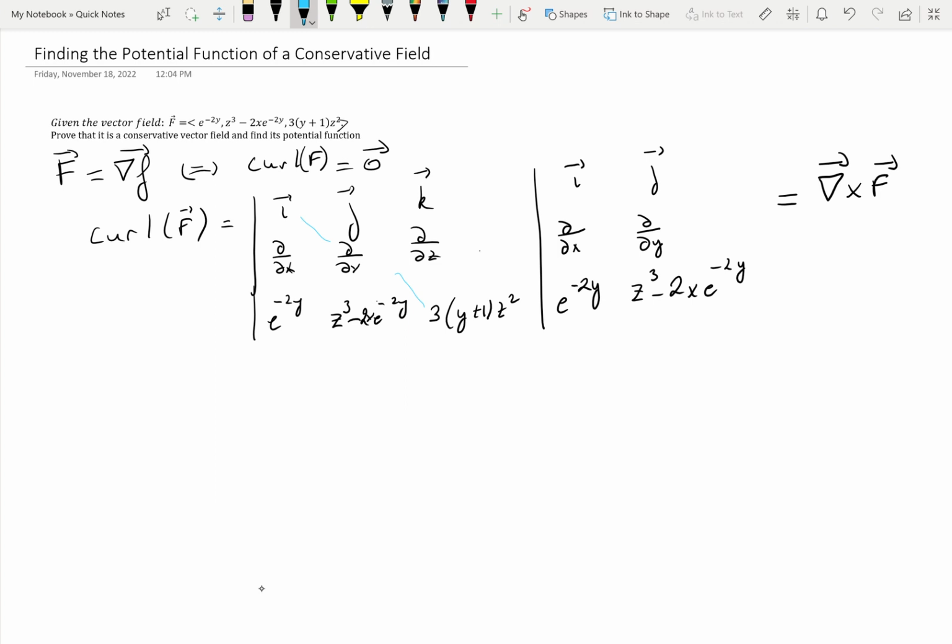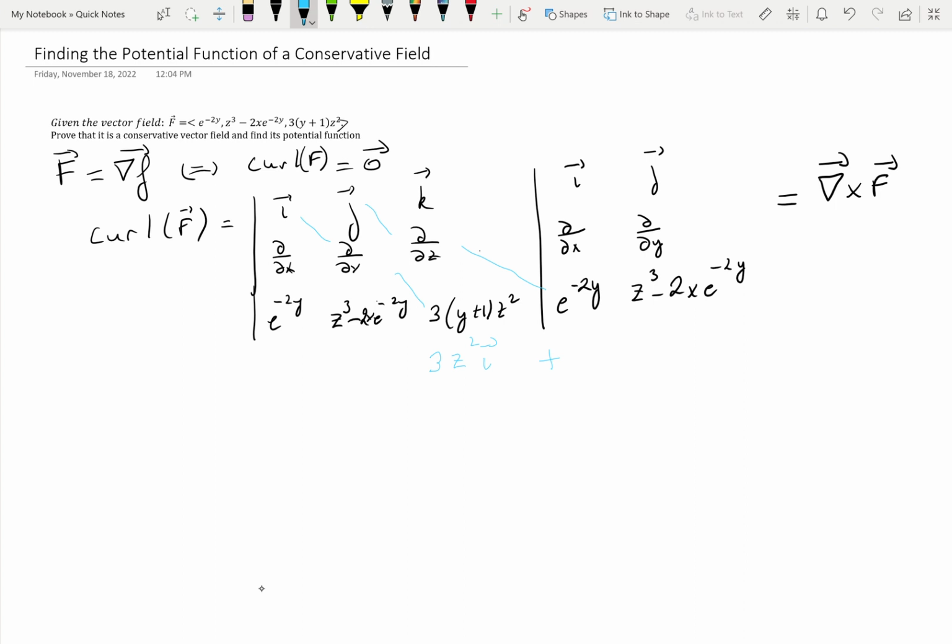The 3 and z squared, when it comes to the y variable, are really just constants. And so you just take the partial derivative of y plus 1 with respect to y, which is 1. So you get 3z squared i.